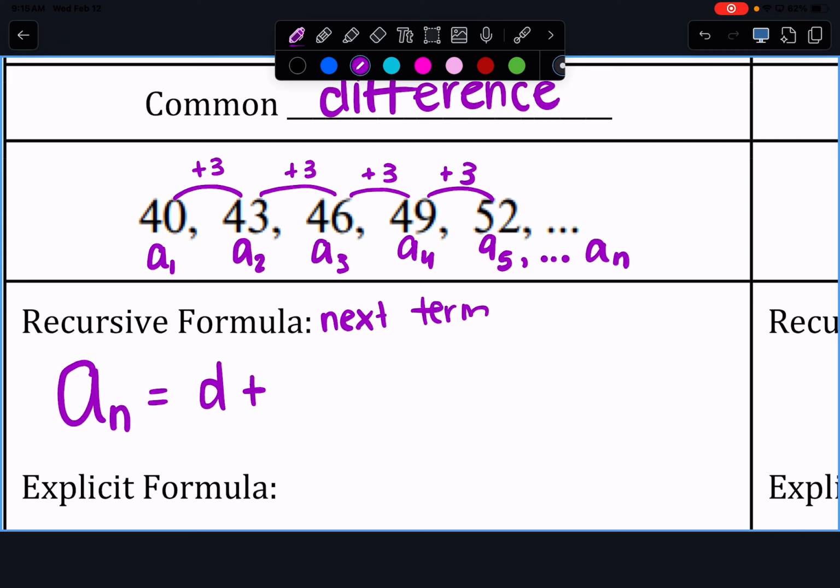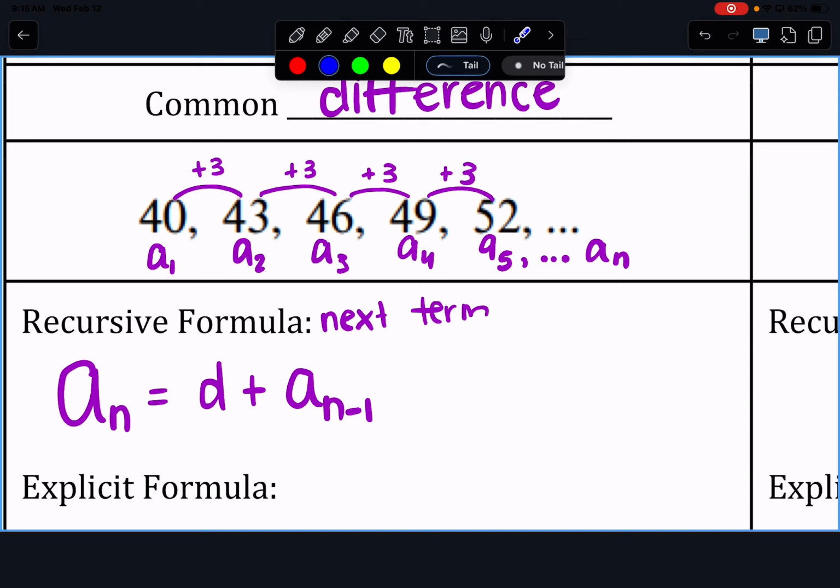So we take the previous term. Does D stand for difference? It does. Okay, and we're going to add that to the n minus 1 term. So if I want to find A6, I'm going to do 3 plus, what is 6 minus 1? 5.